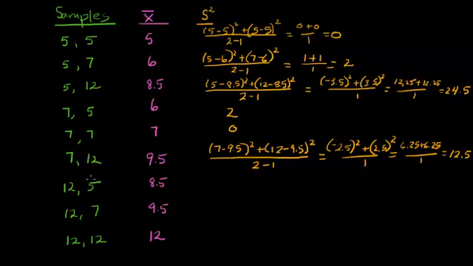Okay, well, we've done also the one that had the 5 and 12. It's just reversed order, but we had the same mean, so we know our variance is still going to be 24.5. We'll end up with the same result there, so we don't need to recalculate that. And let's see, we did 12 and 7 and had 9.5. We just did that one here, so these two would be the same.